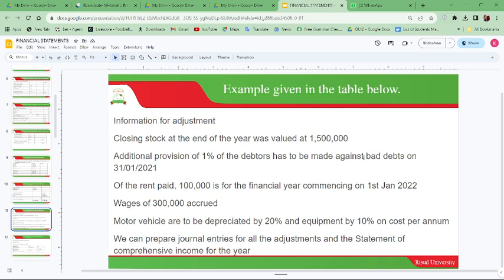So what are bad debts? Bad debts are outstanding balances owed that are no longer deemed recoverable and must be written off.